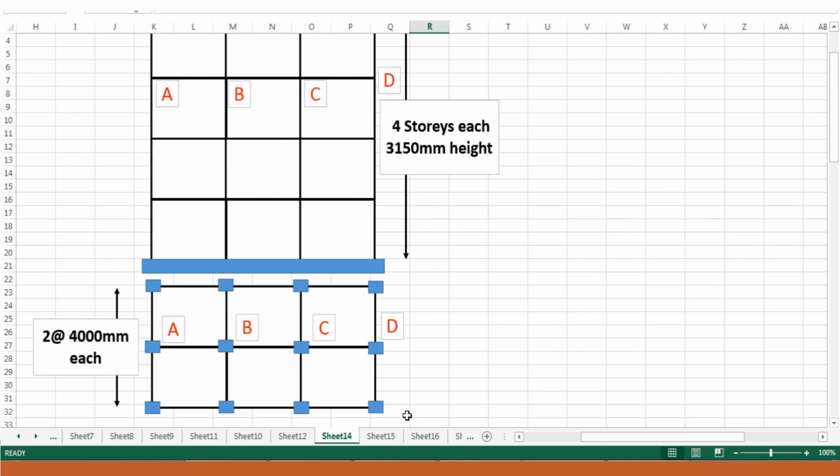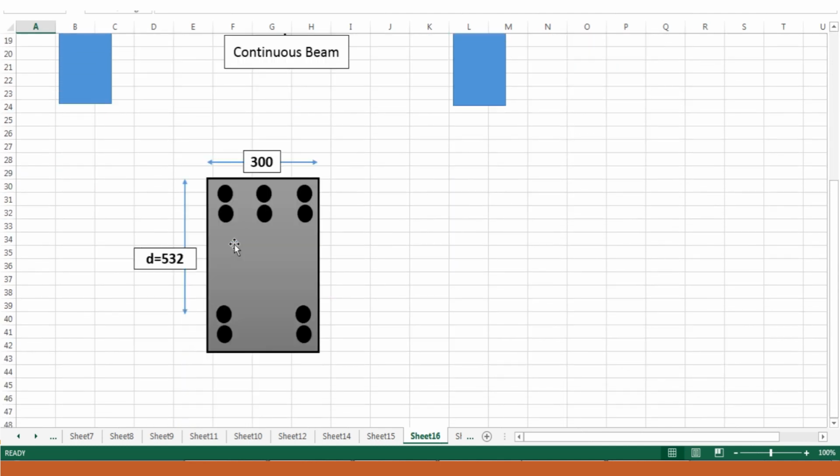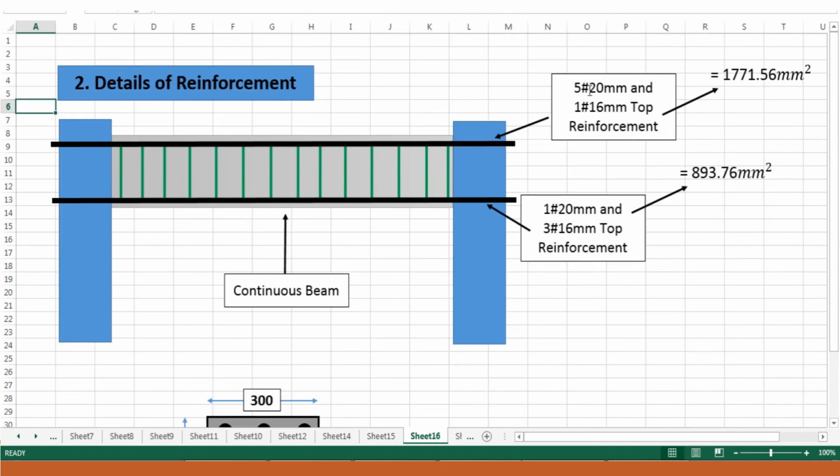It's a continuous beam. Thereby, the longitudinal bars will run through the columns to the next beam. Now, I have detailed it. I have provided 5 bars of 20 mm and 1 bar of 16 mm at the top.